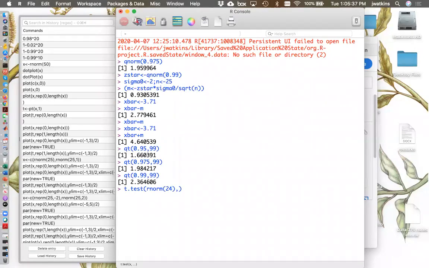I'll put in mu as 0, because that's what the true mean is. And then I'll put alternative equals greater.